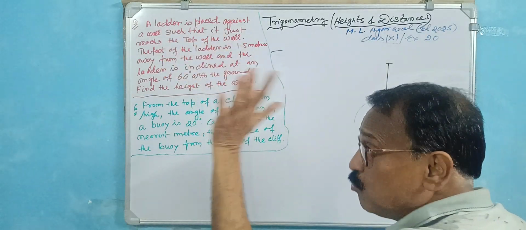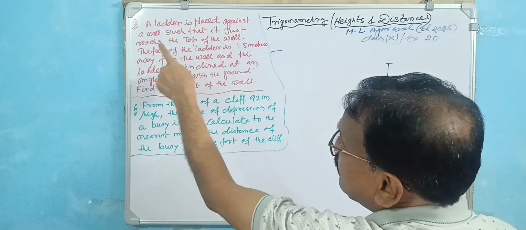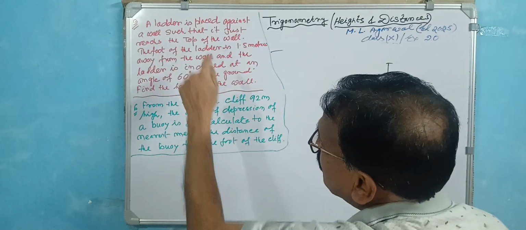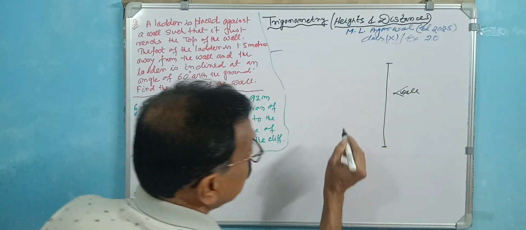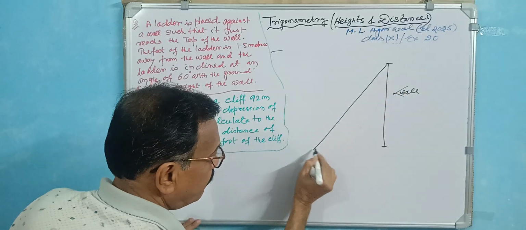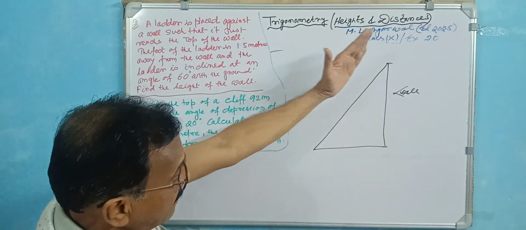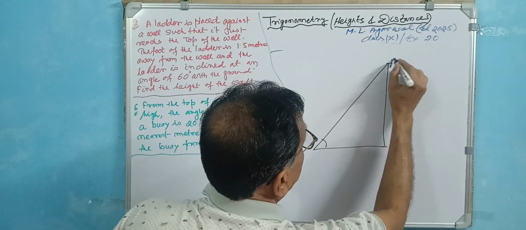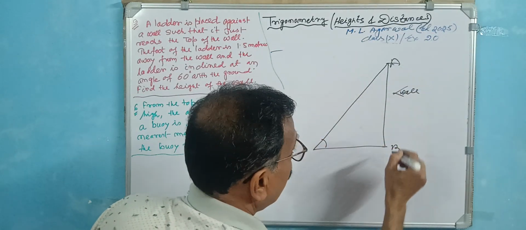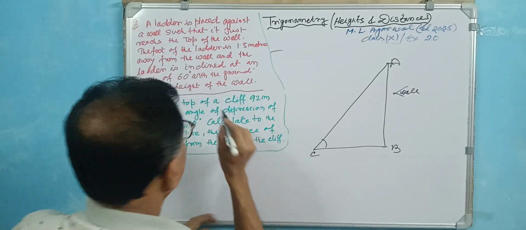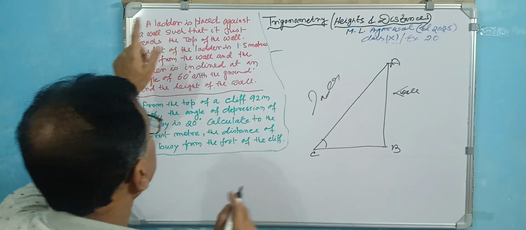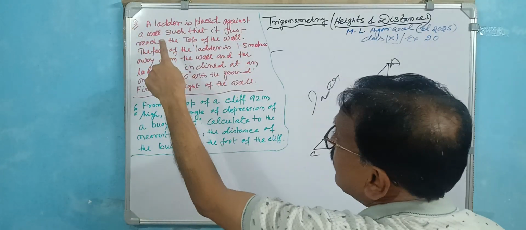A ladder is placed against a wall such that it just reaches the top of the wall. The ladder is inclined, slanting in this way, and it just touches the top. Suppose this is A, the height of the wall is AB, and this is BC. So this is the ladder.